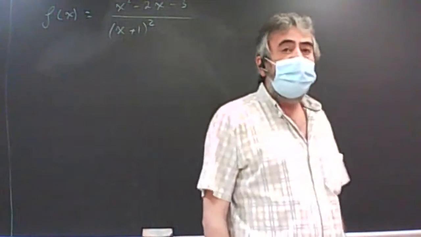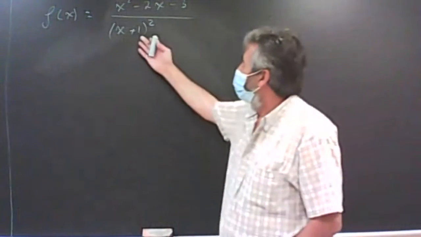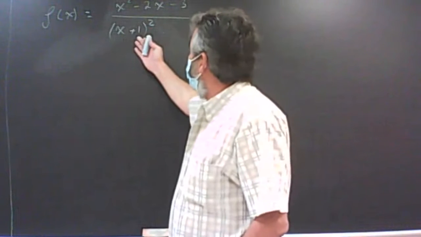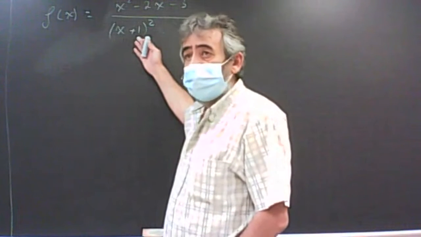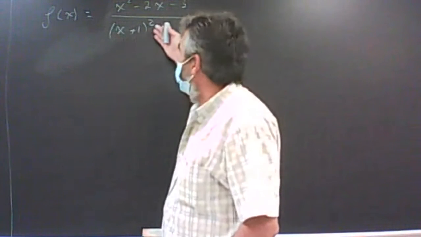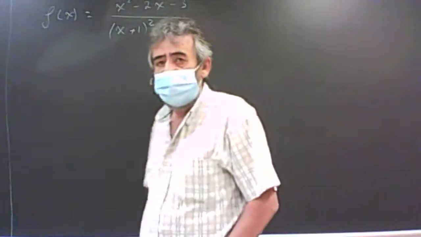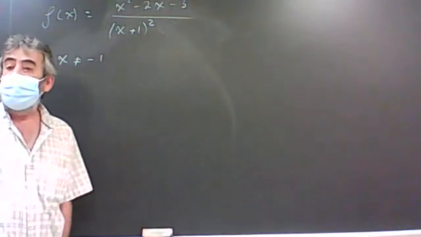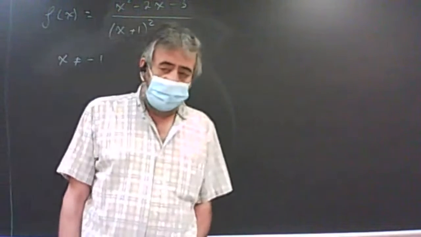Well, in this case, x is not going to equal -1, right? But the multiplicity of -1 is how many? 2. So x is not equal to -1, but is -1 an asymptote?